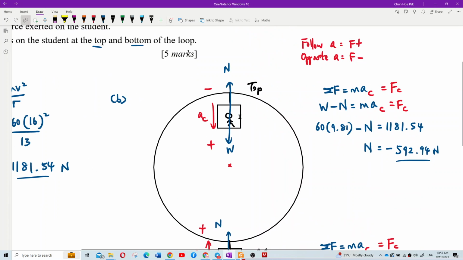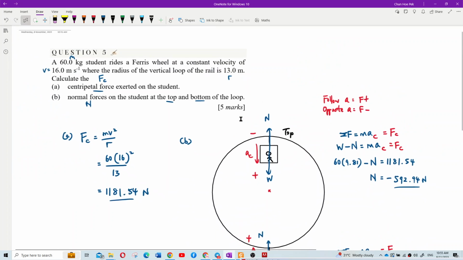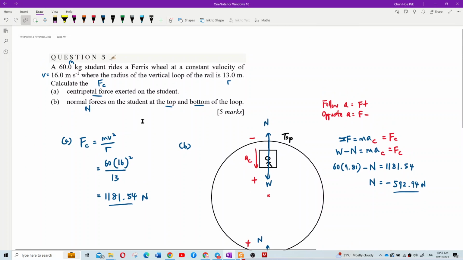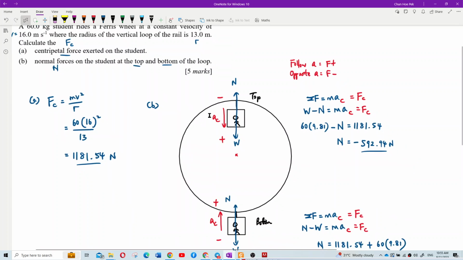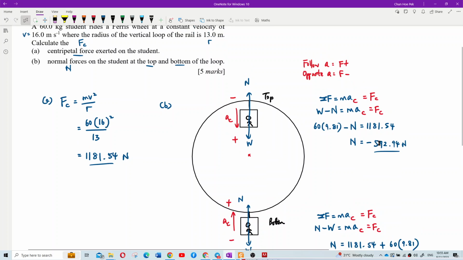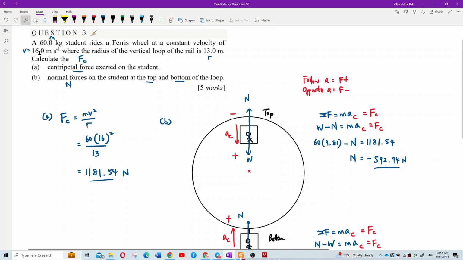This is a wrong question. Maybe this speed is too fast.